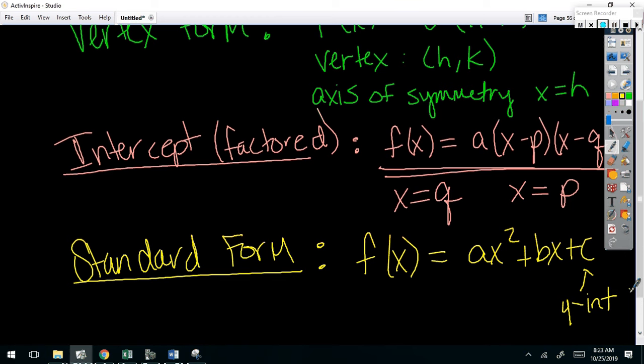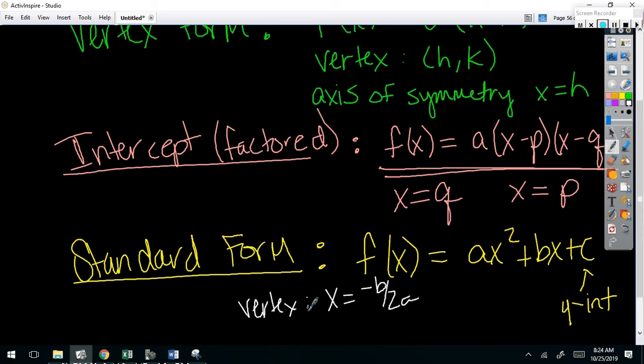So when we find the vertex in this one, we first find the axis of symmetry, which is opposite b over 2a. And then we plug in there to find the y part of the vertex. Y'all remember how to do all this, right? I'm just kind of giving you an overview because we spent so long doing it in Chapter P.